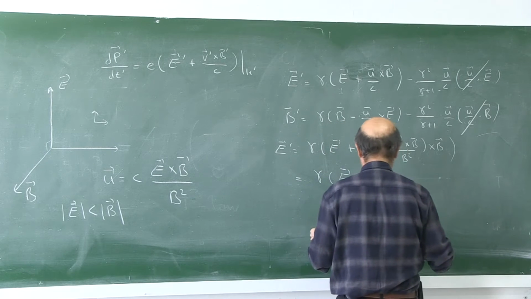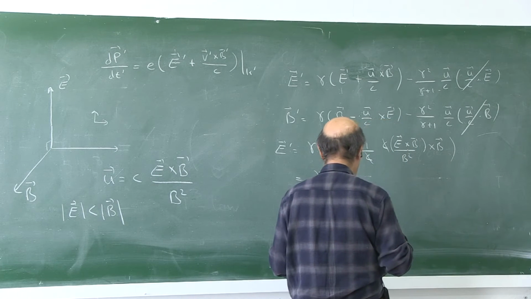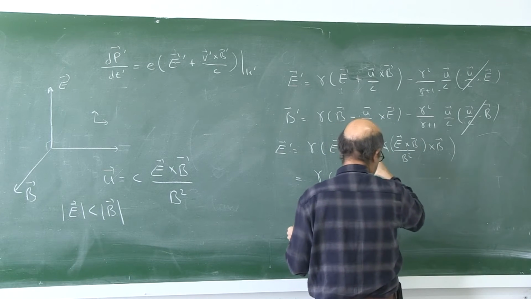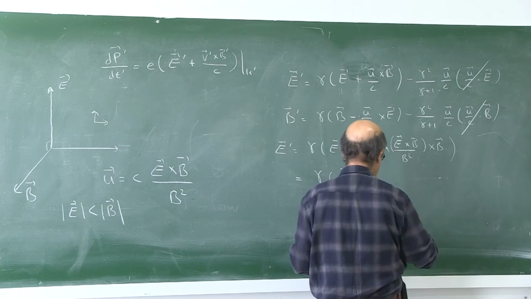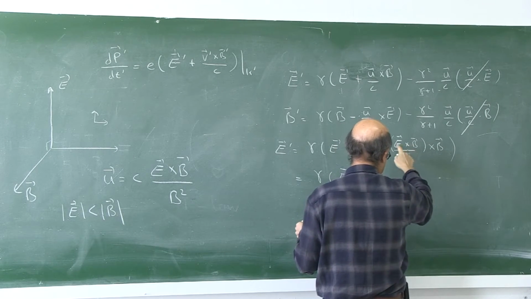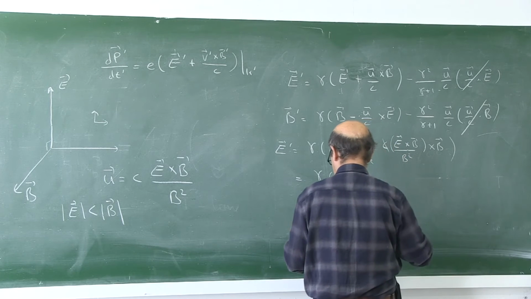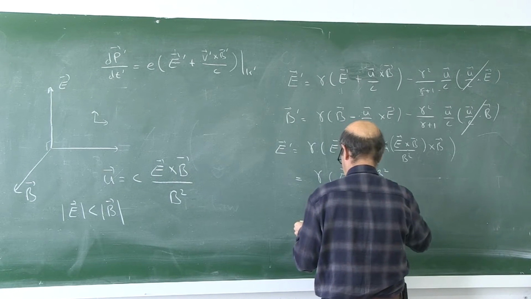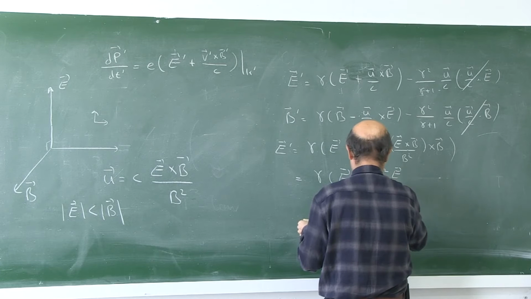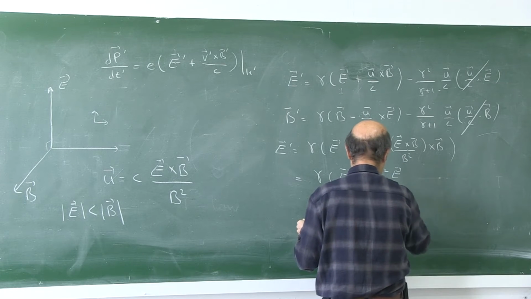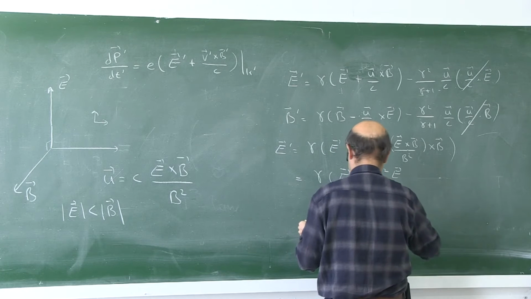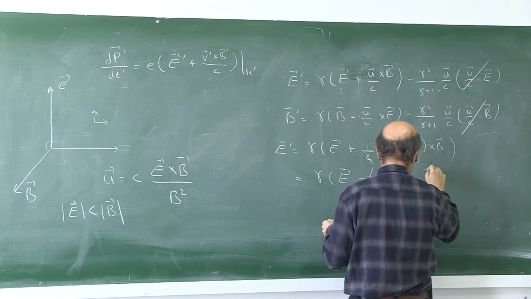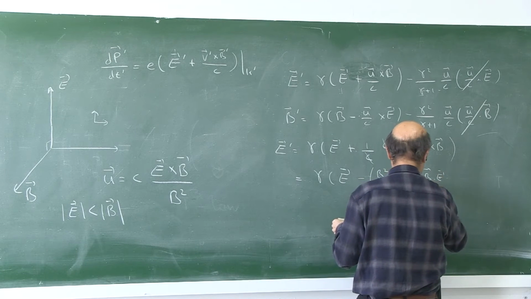You take this as a minus sign and use the double cross product rule. So you will have B squared along E and E dot B. So this situation will be the following: minus B squared along E, divided by B squared, and the other term B dot E over B squared.